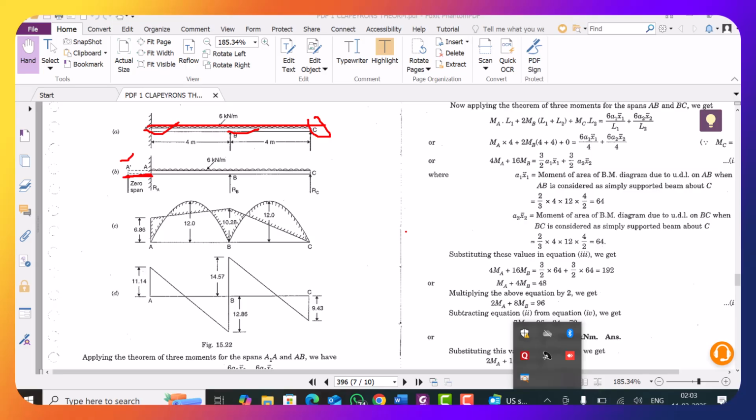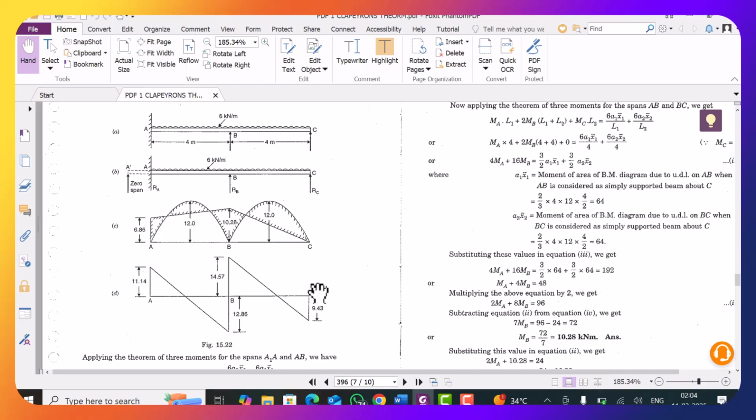As you know, the MA and MB calculated here are the hogging moments, because these are the function of supports, and these parabolas because of UDL are the sagging moments, because these are the function of loads. If you overlap these hogging and sagging moments, then remember this portion which I am coloring here is the neutral portion, because I am considering sagging moments as positive and hogging as negative.